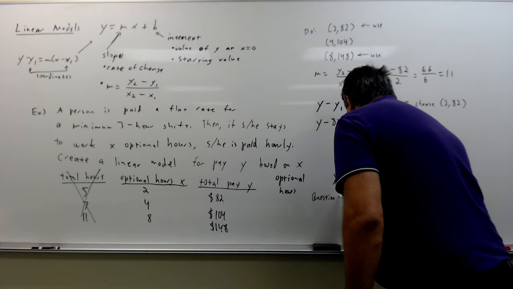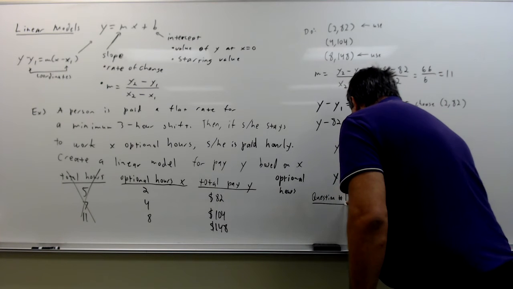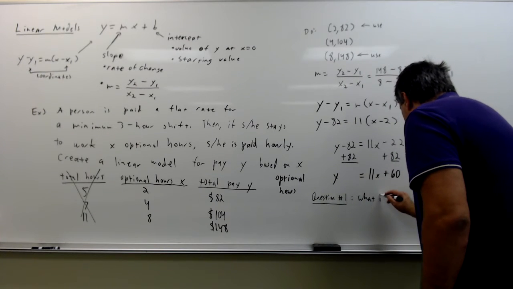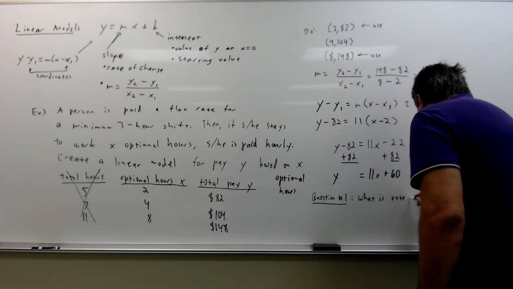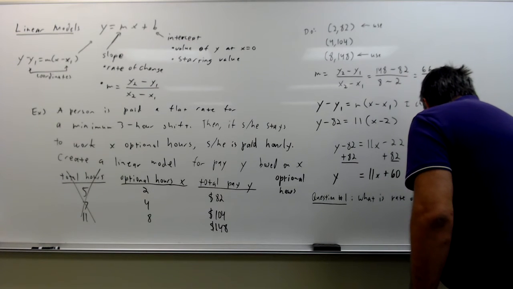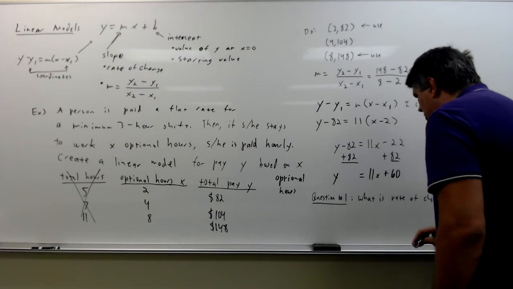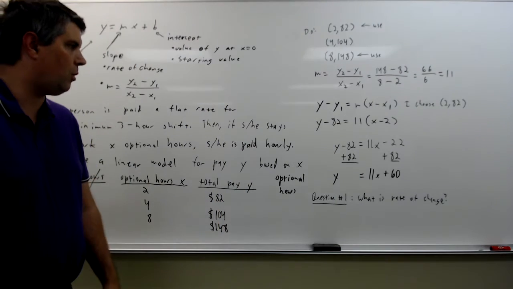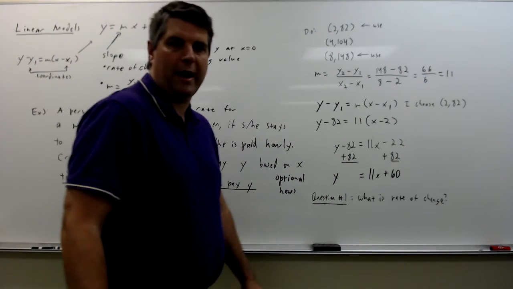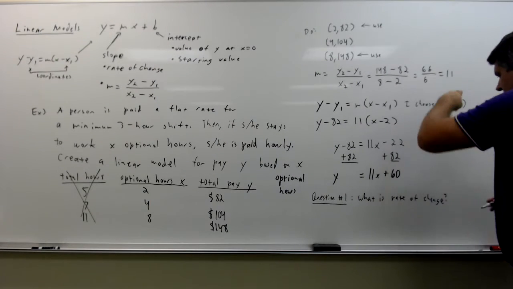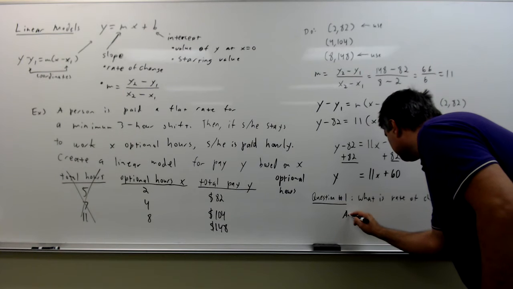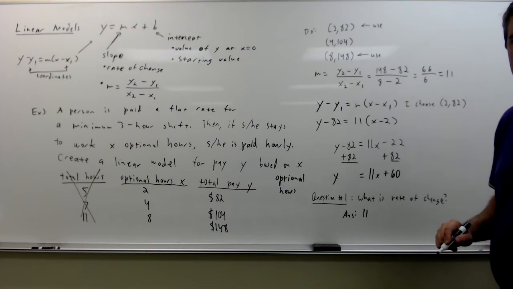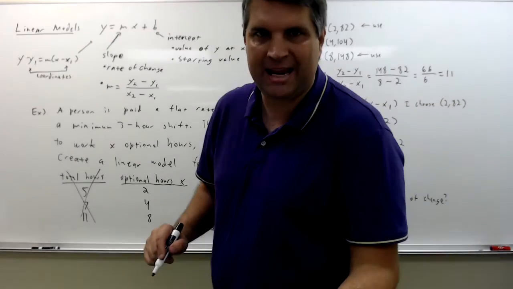Question number 1, what is the rate of change? Well, as a strict number, it's just 11. But we're going to want more in a quantitative reasoning class. What does that number mean?